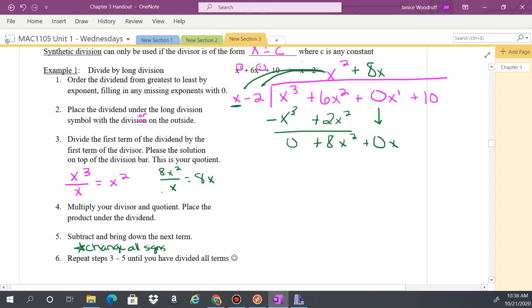Okay, then step 4, I'm going to multiply the divisor and the quotient. So I'm going to do 8x times x minus 2. 8x times x gives me an 8x squared. 8x times negative 2 gives me a negative 16x.